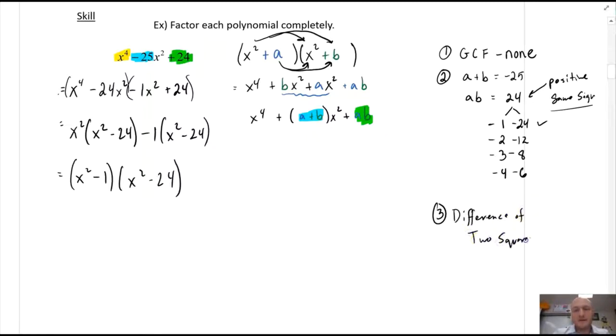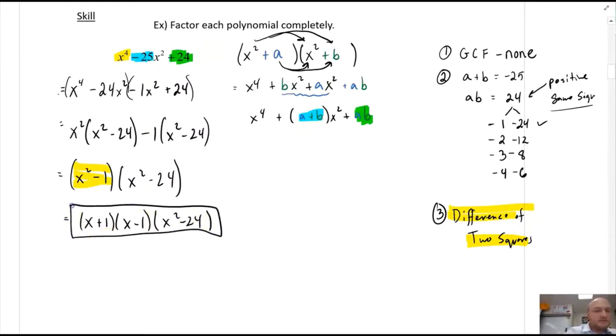And the answer is yes, we do. I do have a difference of 2 squares right here, x squared minus 1. So what I'm going to do is factor that. That is x plus 1, x minus 1. And we are done. There it is.